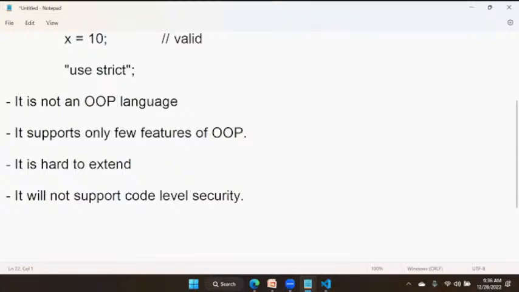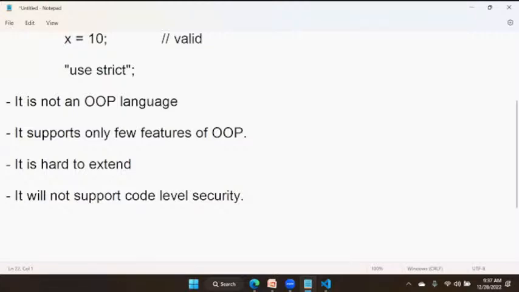But we don't have another language which can take the role of JavaScript. Browsers can understand only one language, JavaScript. So on the web, there is no other language. Only JavaScript can manage everything.